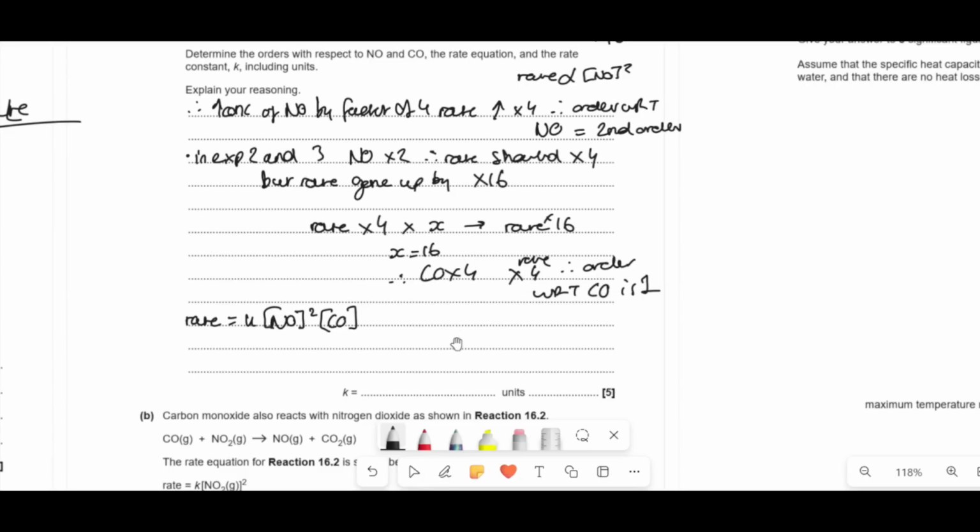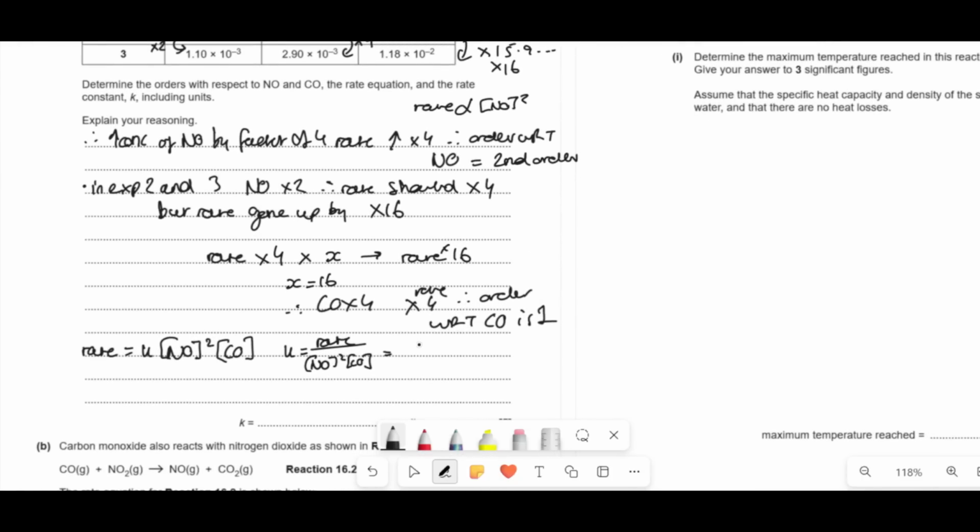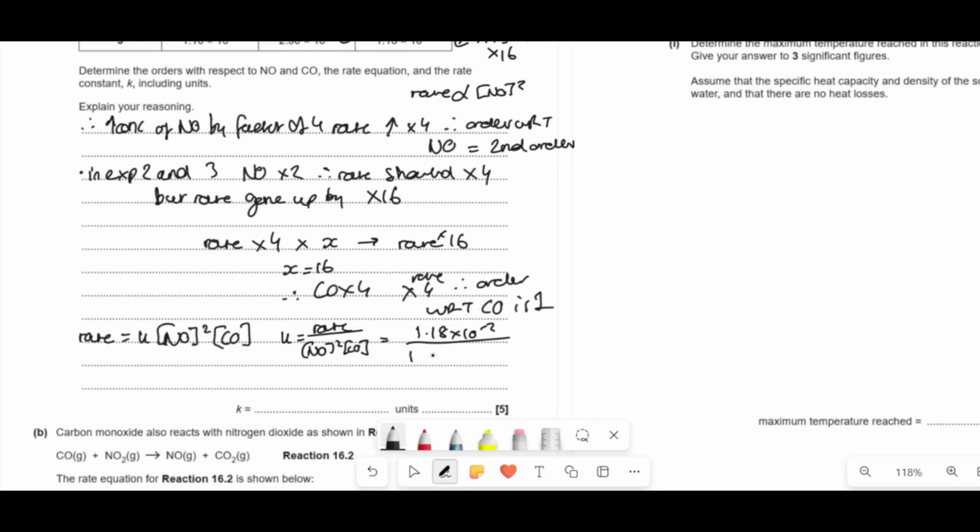And then we need to work out the units. So if we rearrange this, and they also want the K as well, K would equal rate divided by the concentration of NO squared times CO. You just pick any experiment you want to do it with, so I'm just going to use that last one. So it's going to be 1.18 times 10 to the minus 2 divided by the NO, so that's 1.10 times 10 to the minus 3 squared, and then 2.9 times 10 to the minus 3.